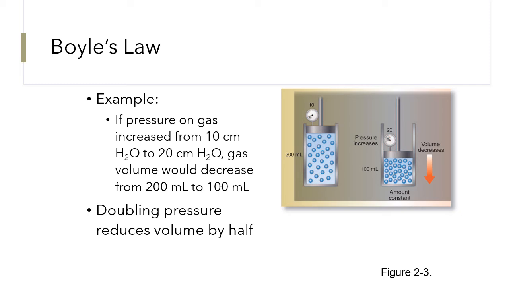I'm squeezing those molecules closer together. They're vibrating faster, and because the temperature is constant, they're creating a pressure. As the volume drops, the pressure goes up to 20. Reducing the volume by half doubles the pressure.